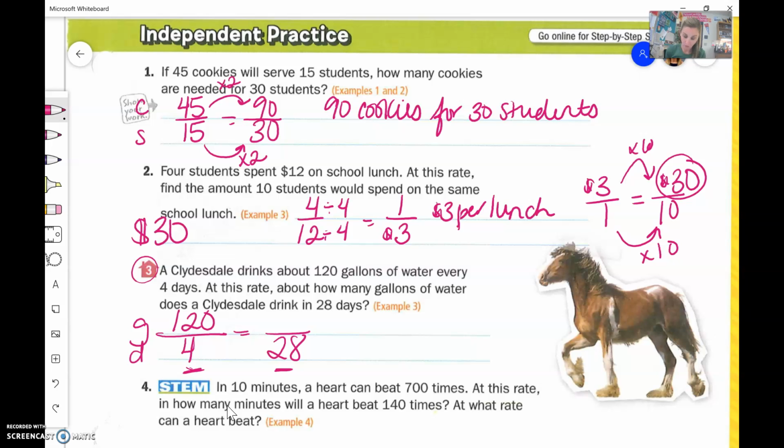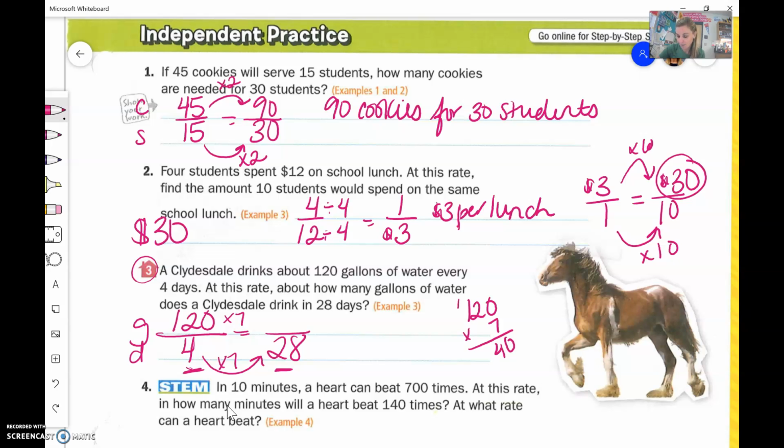Okay? Well, looking at this right away, I know that 28 is a multiple of 4. So therefore, I'm going to multiply that by 7 because 4 times 7 is 28. So if I multiply the bottom by 7, I must multiply the top by 7. So 120 times 7 is, so 7 times 0 is 0. 7 times 2 is 14.